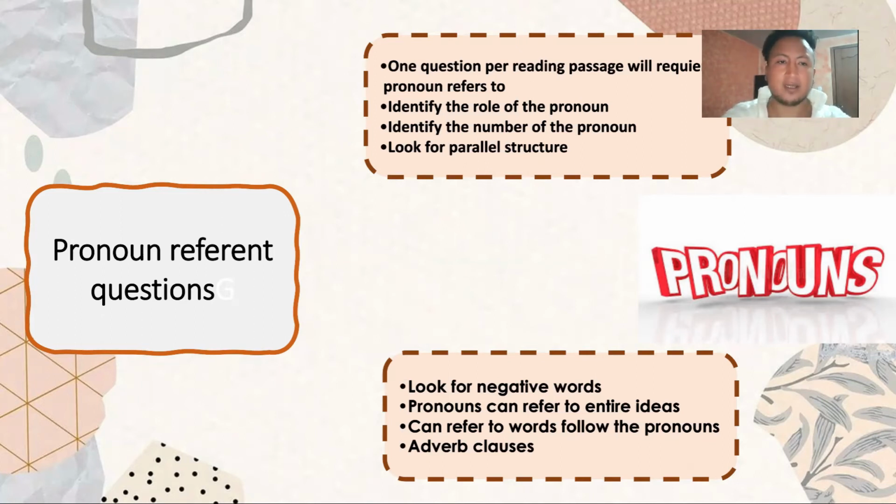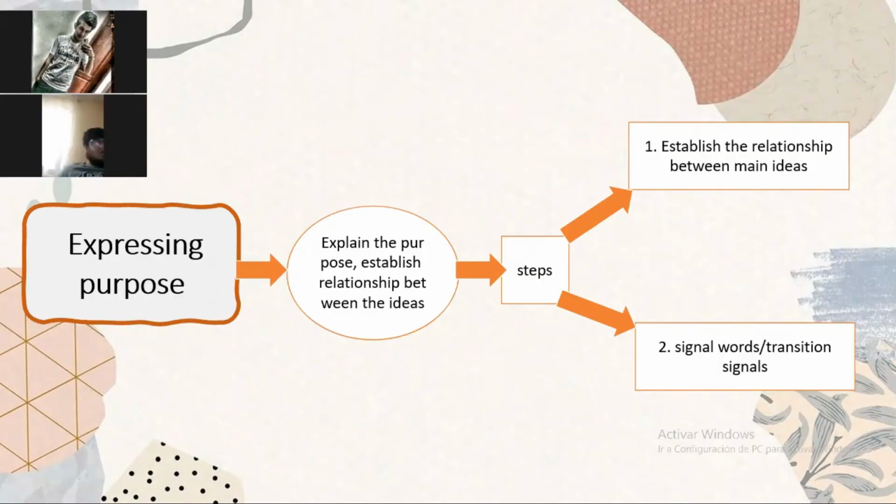It's important to remember that pronouns can refer to entire ideas, not just single words. Sometimes pronouns refer to words which follow the pronoun, and in these cases the pronouns will include an adverb clause.